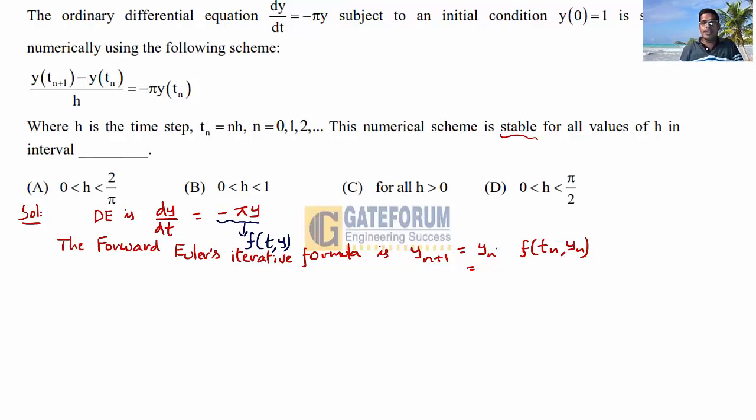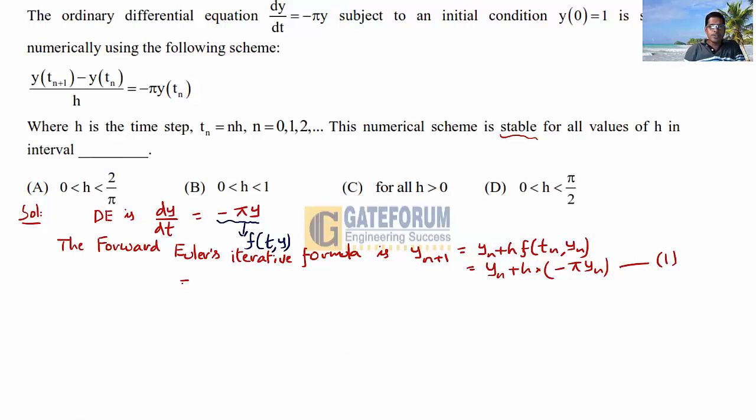So this is yn plus h. h is usually called the step size or time step. Okay. So here yn plus h into, in that function, put t is equal to tn, y is equal to yn, and you will get minus 5 times yn. Okay, so let us denote this as equation 1.